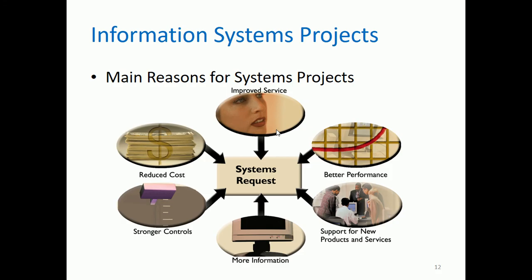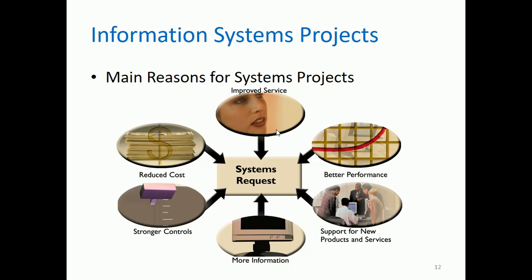If you're offering new products and services, how can you integrate them if your information system does not support such new products and services? And of course, for more information, and then stronger controls, for example, for authentication. In accounting, it should be the accountants who are accessing those systems, and for finance and vice versa.